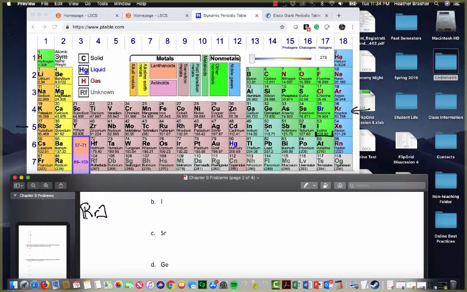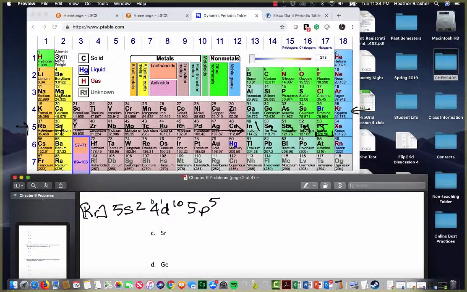And then we go down here to 5s2, 4d10, and then 5p, 1, 2, 3, 4, and 5. So that helps us get an idea of where we are going to be with iodine, right?